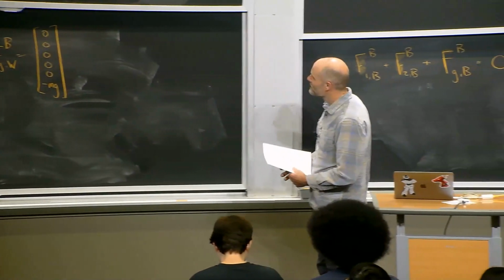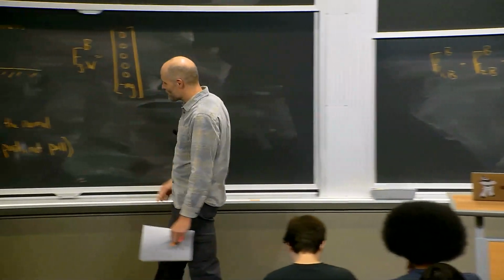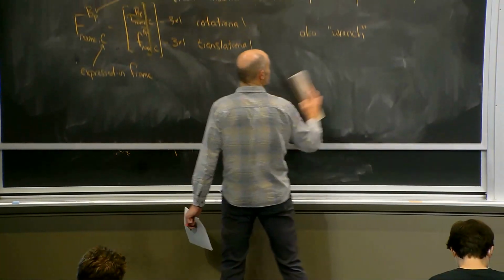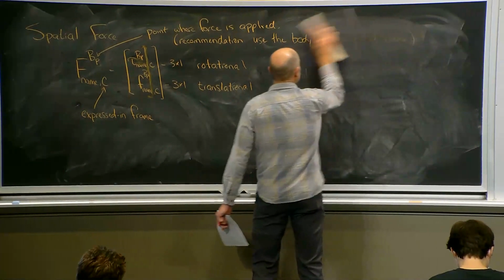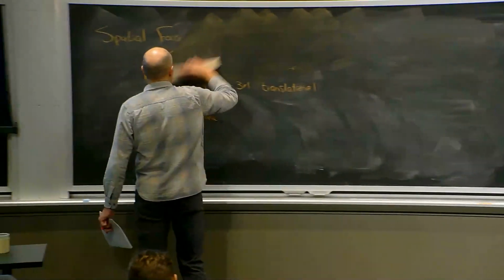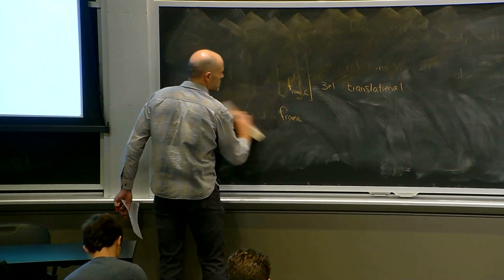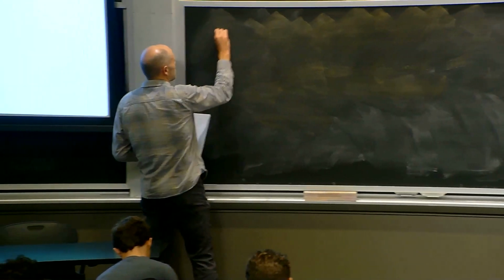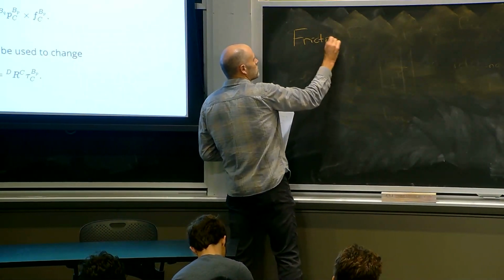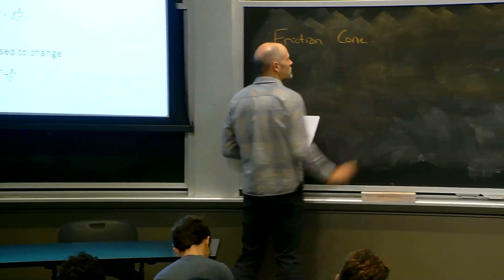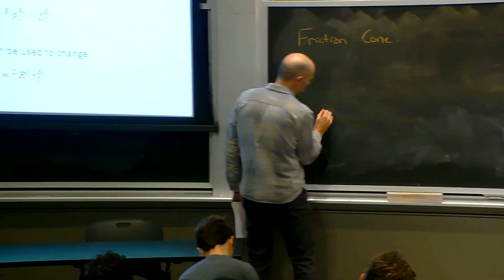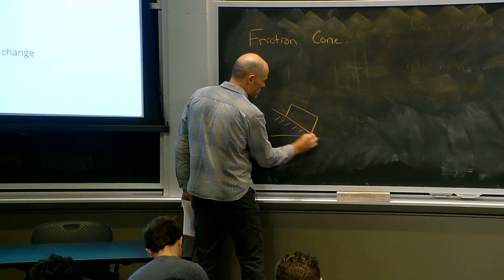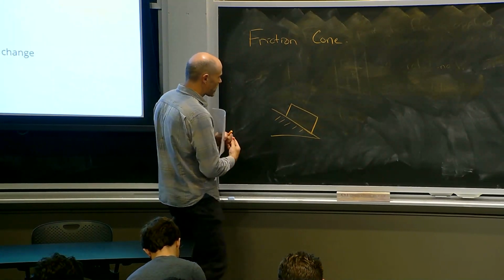Okay. All right, so let's think about the horizontal component, because that gets us into friction. This is really a fundamental concept that you must know if you're talking about manipulation, which is the concept of a friction cone. Maybe we'll see it by putting our box on a ramp now.